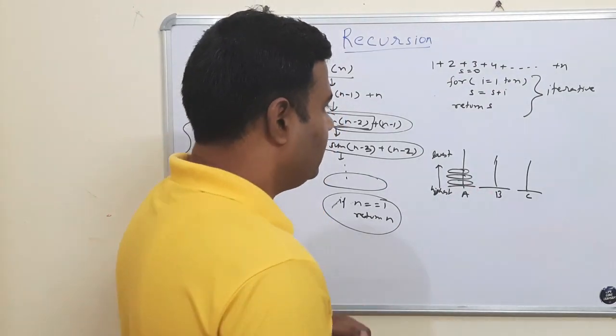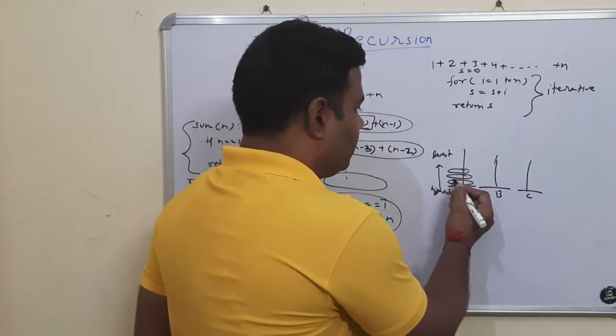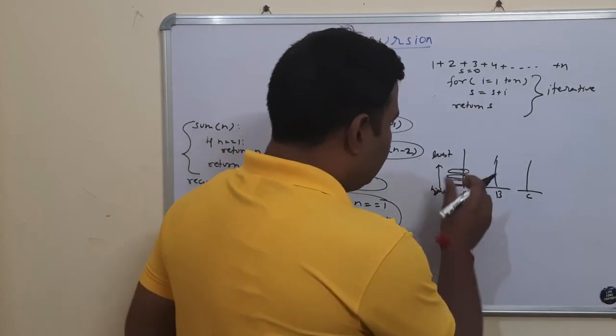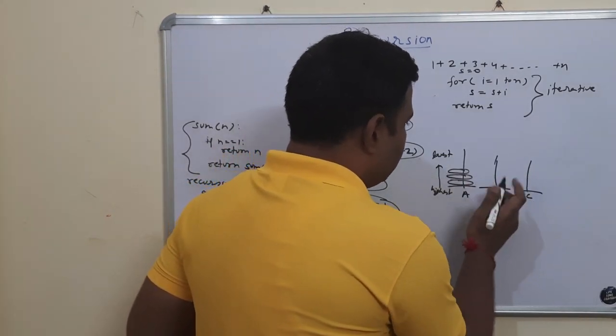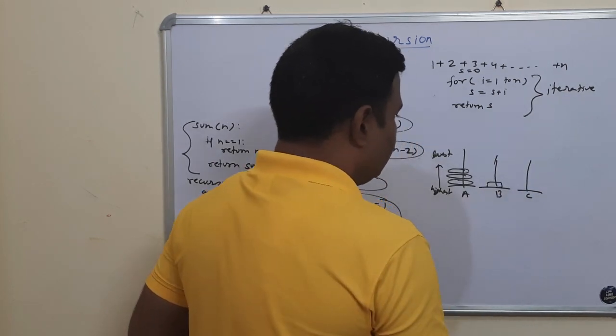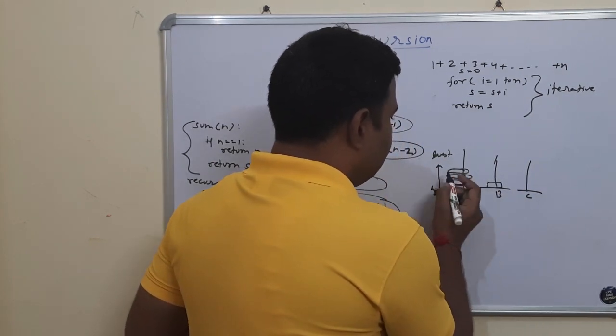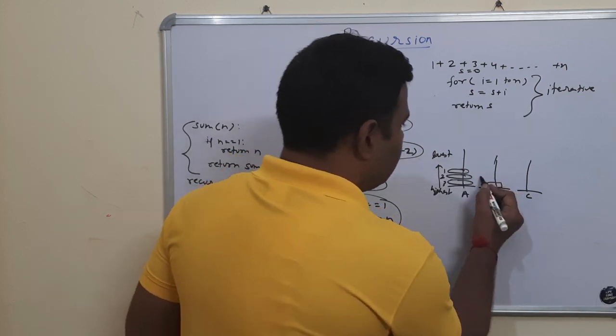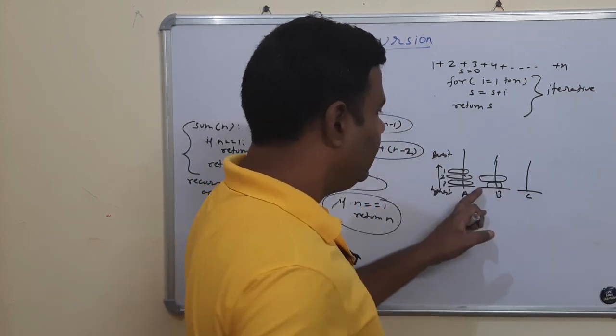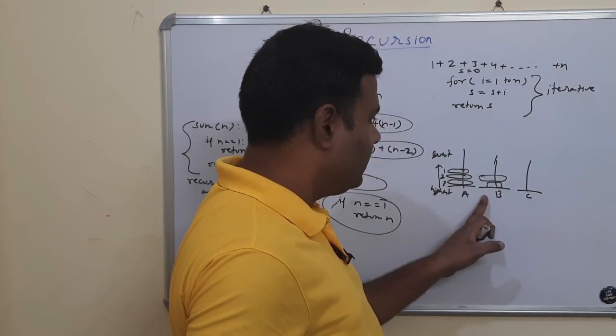Let's see an example. Let's say we have 3 disks only, right? Now if you put this top one at this location, and then first, second, third. Now the second disk you can put here, but this will break our constraint, right?